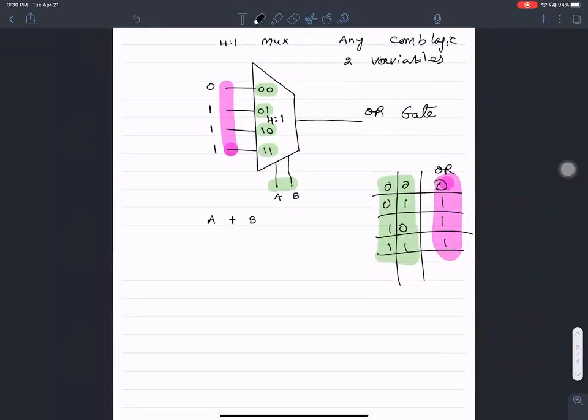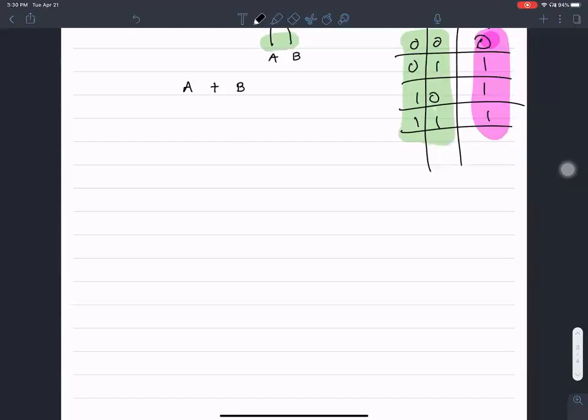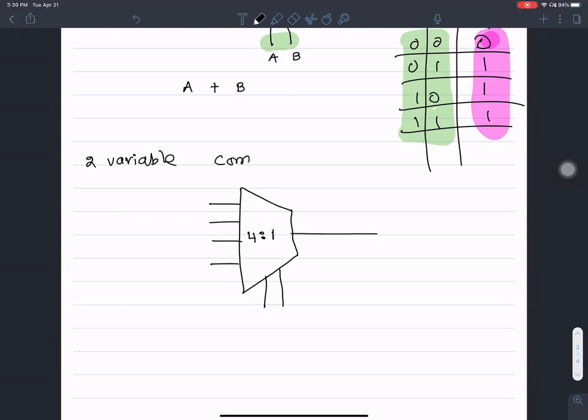So what I'm going to tell you is, using a 4 to 1 multiplexer, with 4 inputs, 1 data output, and 2 select lines, it is possible to implement 2 variable combinational logic, A, B. If you want to implement an AND gate, 0 0, 0 1, 1 0, 1 1, all you have to do is write the corresponding output column to that.